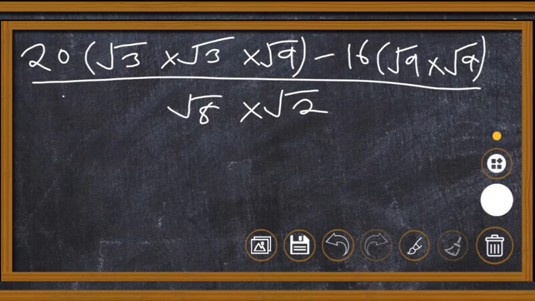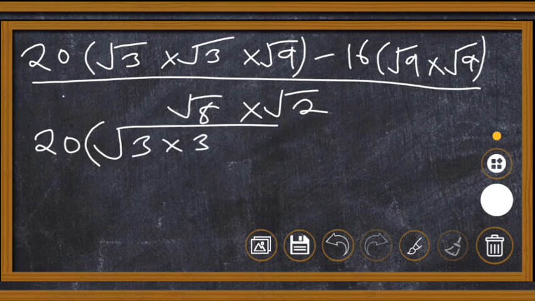In this case, let's first simplify whatever we have in the brackets. We have 20, and we know when you are multiplying separately using the same roots, you simply multiply the values in the same root. So we are going to have one root, then 3 multiplied by 3, multiplied by 9, minus what we have outside the brackets, that's 16.